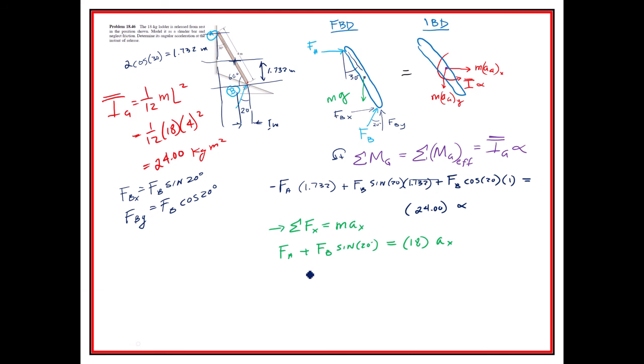And then we'll have the sum of the forces in the y direction. Well, I already used that color, damn it. Go purple. The sum of the forces in the y direction equals mass times acceleration in the y direction. And that's going to be only FB cosine of 20 degrees. And on the right hand side, we got negative, oh yeah, cool, minus mass times gravity.